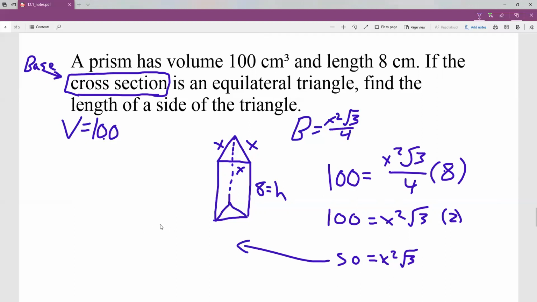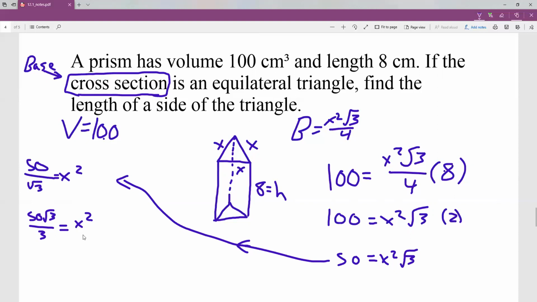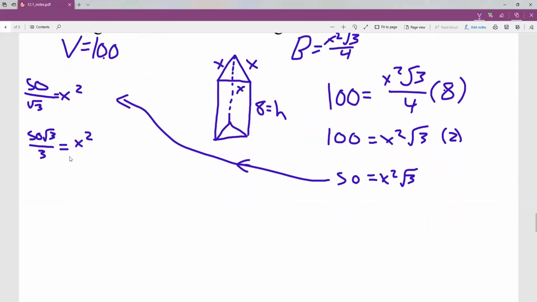So it's going to be 50 over root 3 is equal to x squared. I'm going to simplify this. So it's going to be 50 root 3 over 3 is equal to x squared. And this is going to get really ugly here.